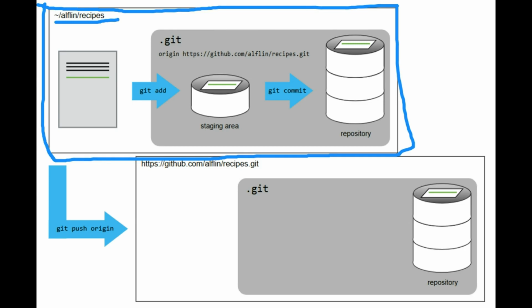Normally we do git add to add it to the staging area, then git commit. Also we have the remote repository. The remote repository we have in GitHub is here, and with git push we do a copy from this local repository to the remote repository.